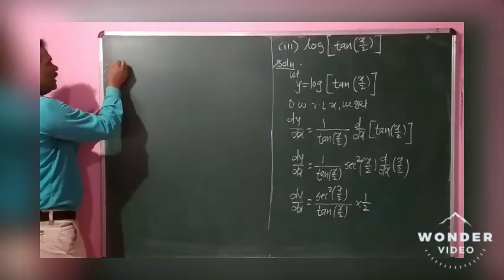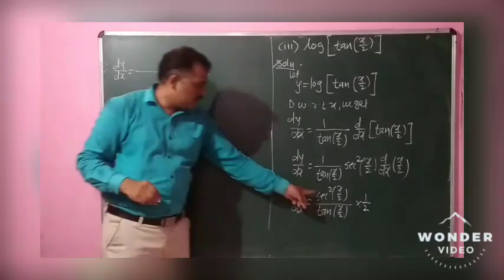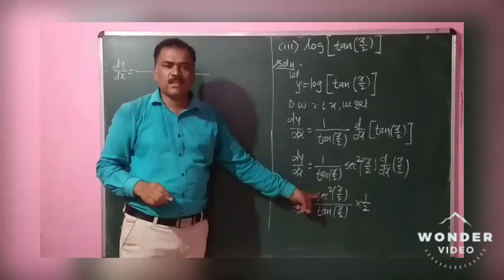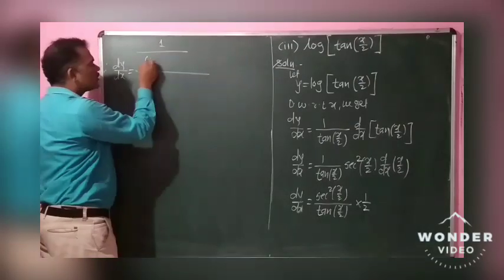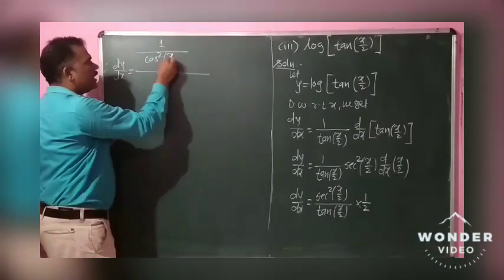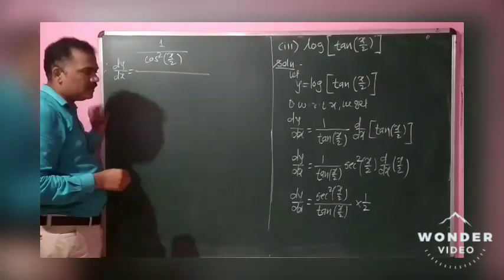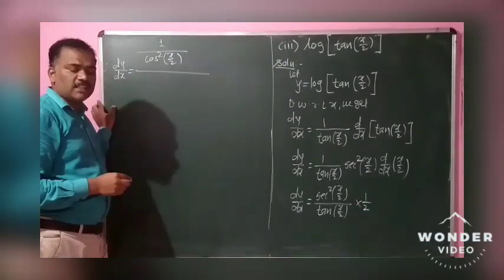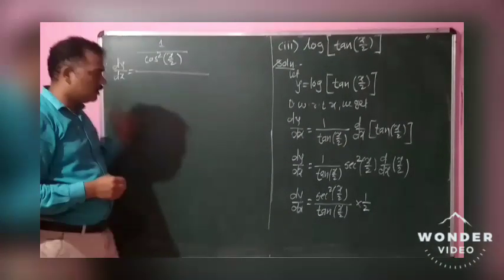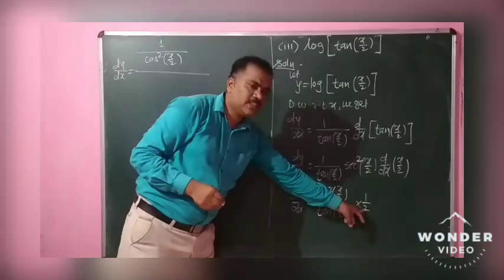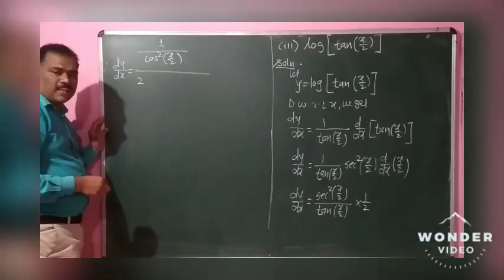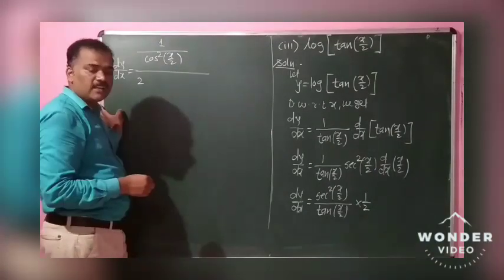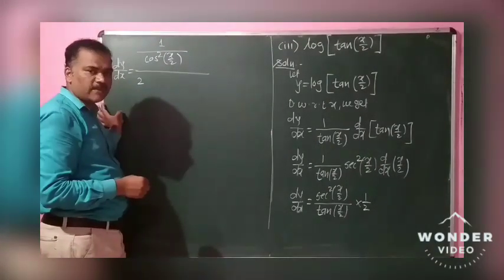Sec square x by 2 is nothing but 1 upon cos square x by 2. In the numerator we simplify this: 1 upon cos square x by 2 into 1 by 2. 2 is in the denominator, so we take it in the denominator, that is 2 into tan x by 2, which is nothing but sin x by 2 divided by cos x by 2.